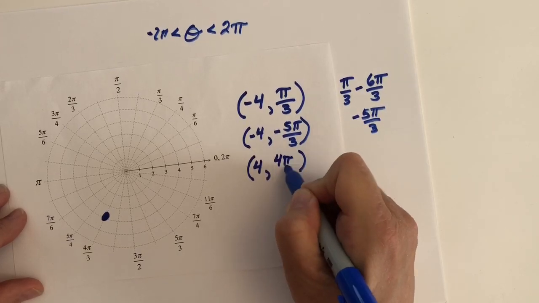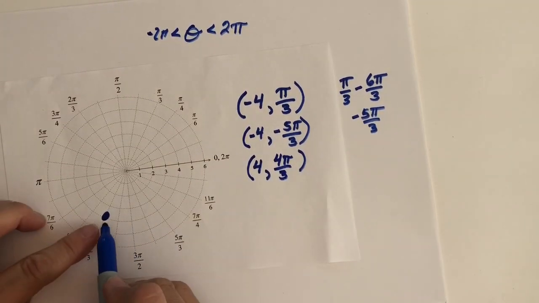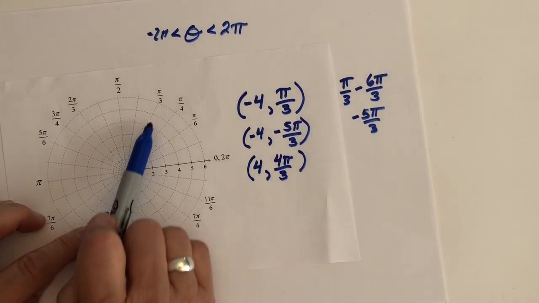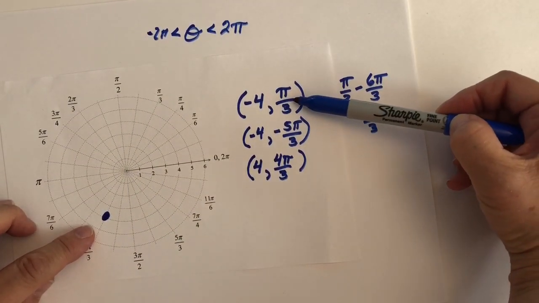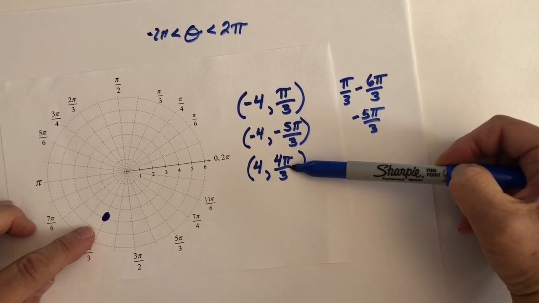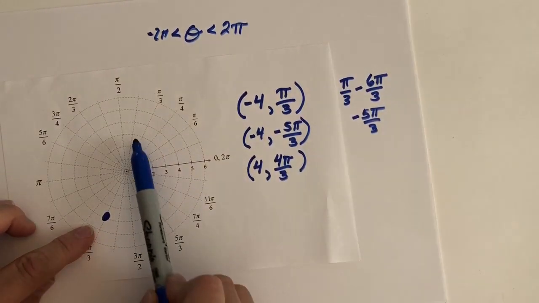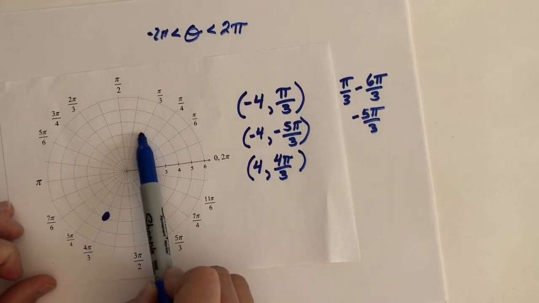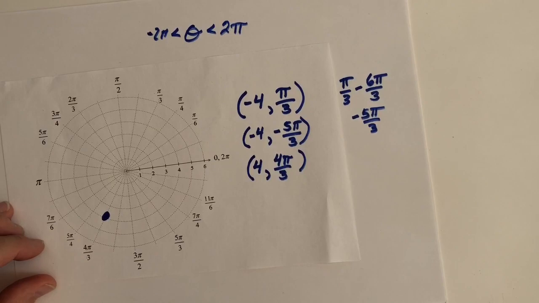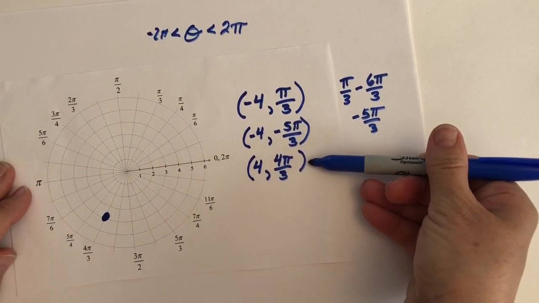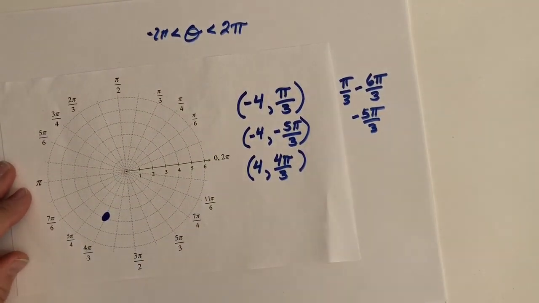So we could use 4 pi over 3, 4. Notice it is opposite the pi over 3. And in fact, notice what you can do. We add 1 pi to this angle. If you add 1 pi or subtract 1 pi, you'll get the angle opposite the one that you're talking about. So now we have this representation for this point.